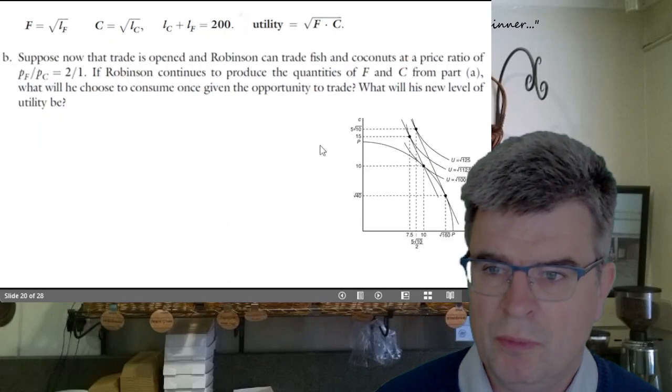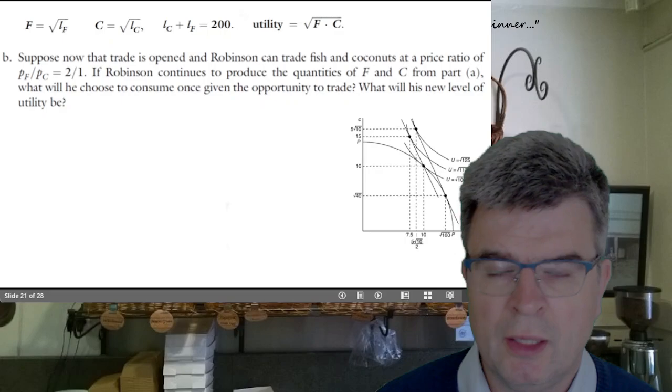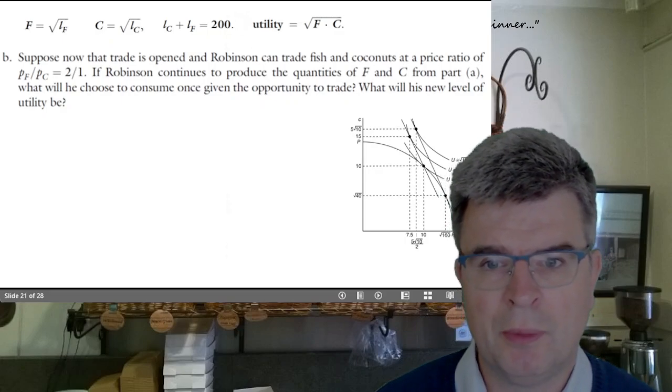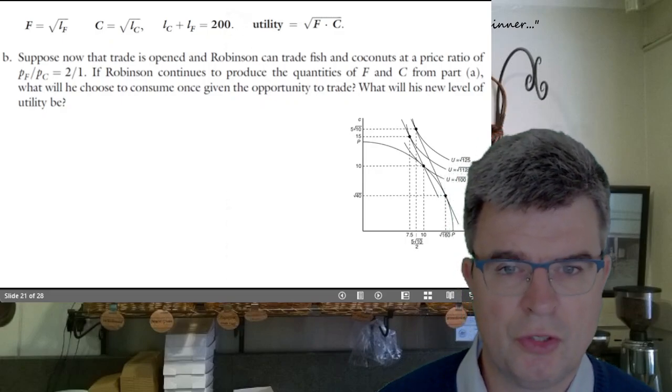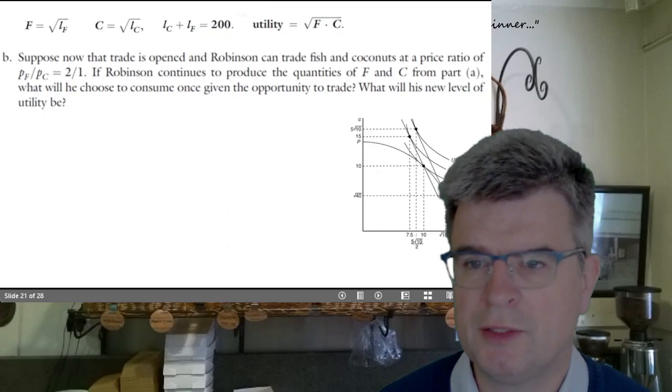Okay, then we are ready to do question B. In question B, trade is opened and Robinson can trade fish for coconuts at a price ratio of 2:1, the given world price, which he cannot influence.